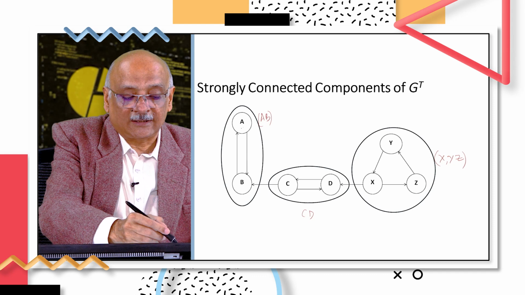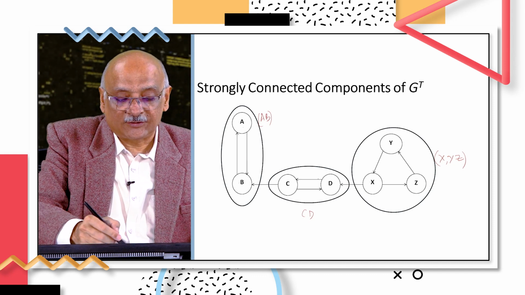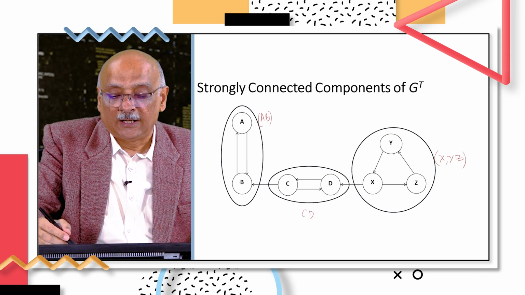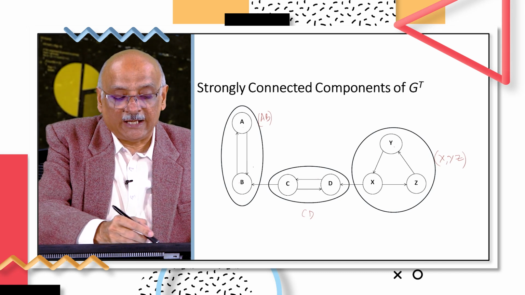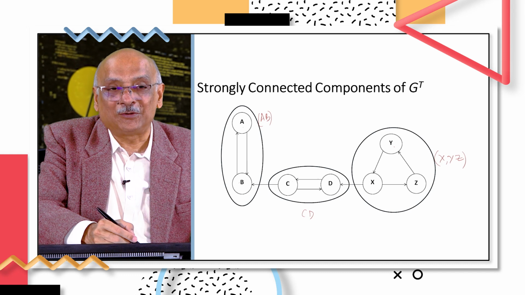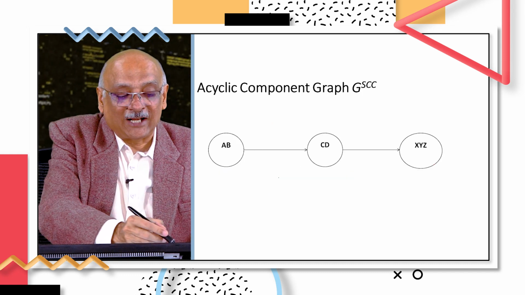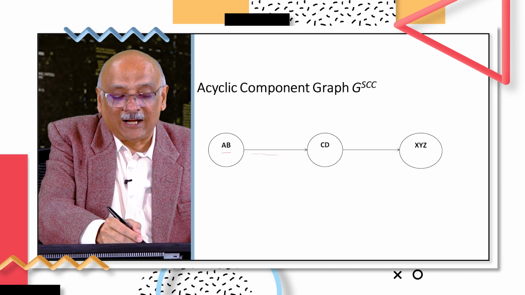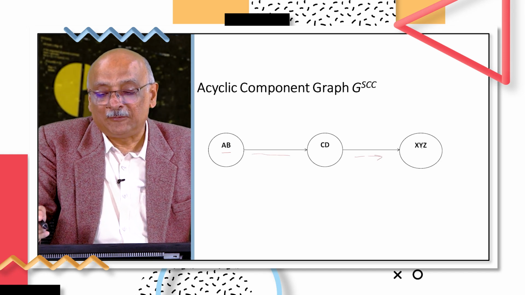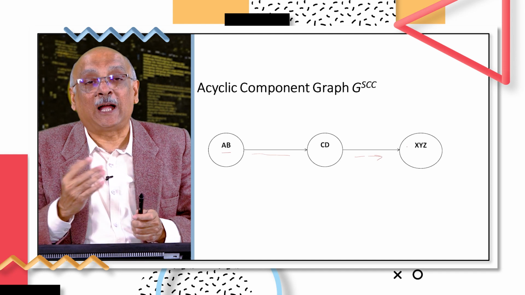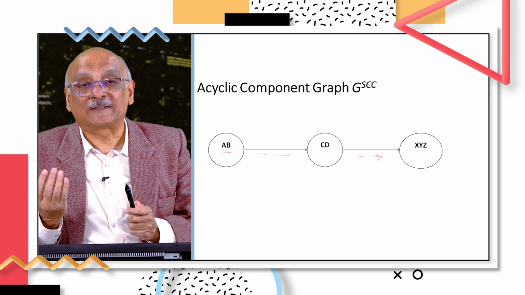If I club these two as one component, these two as another component and these three as another component, then from AB there was a link out to this particular thing in the original graph. So from AB we have a link to CD, then from CD we have a link. So this is my acyclic component graph.